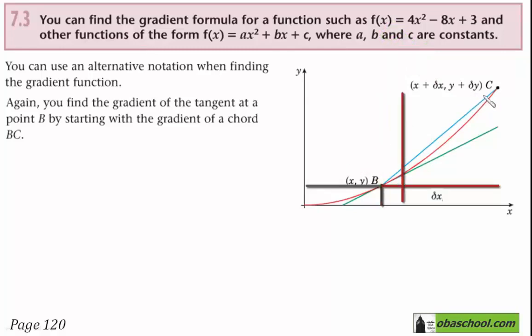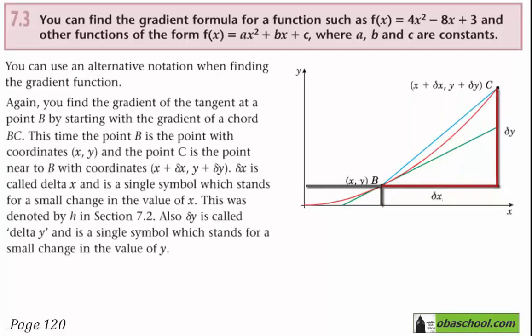Then, instead of using h as in the previous tutorials, we are now using delta. This time the point B is the point with the coordinates x, y, and the point C is the point near to B with the coordinates x plus delta x, or h, and y plus delta y. Delta x is a single symbol which stands for a small change in the value of x.